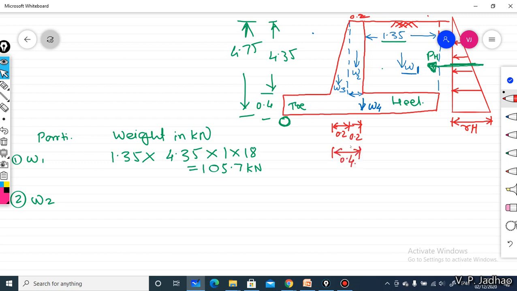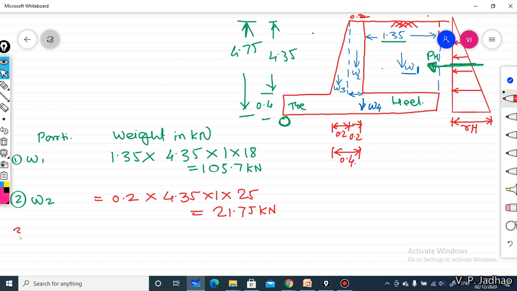So W2 will be equal to 0.2 width multiplied by height 4.35 multiplied by 1 for unit length, multiplied by the unit weight of concrete, that is 25 kilonewton per cubic meter. These are the standard values. So this comes out to be 21.75 kilonewton.